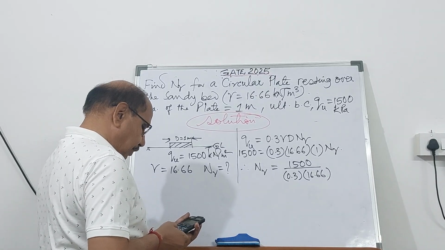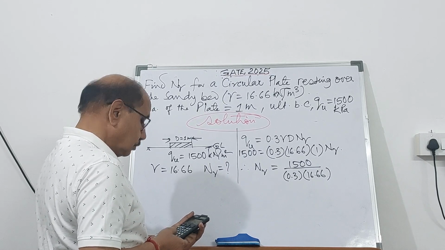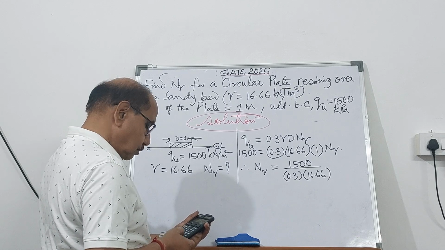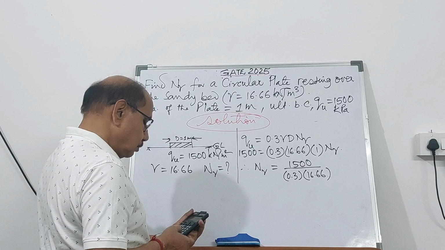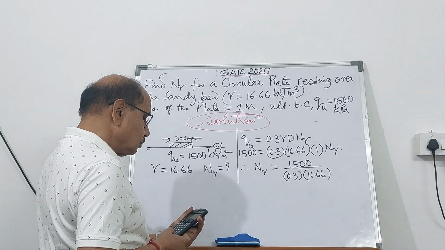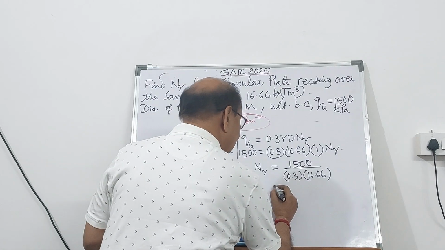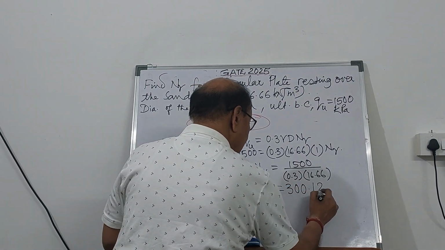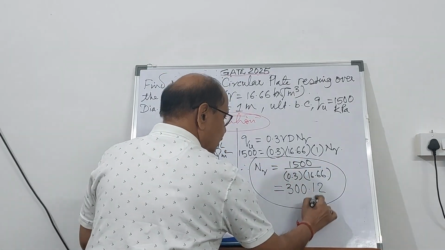So 1500 divided by that gives 300.12. So N gamma is equal to 300.12. So this is the answer of this problem.